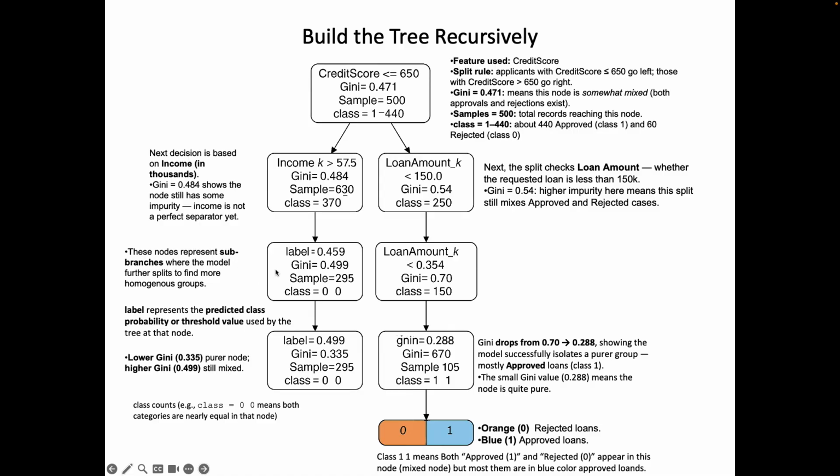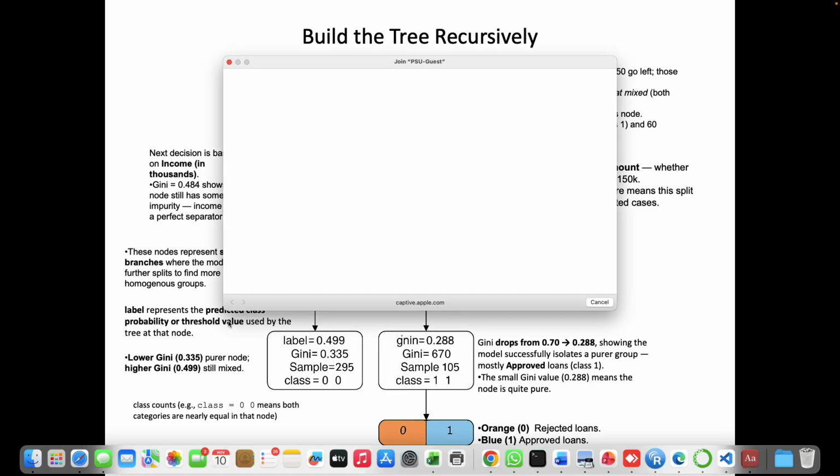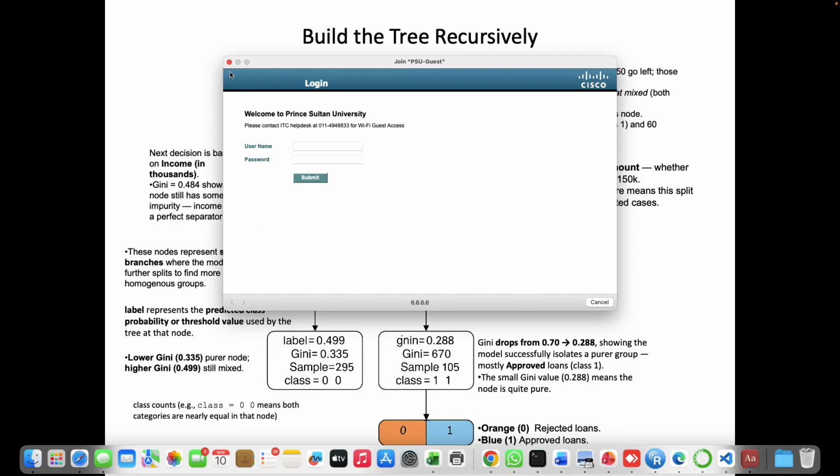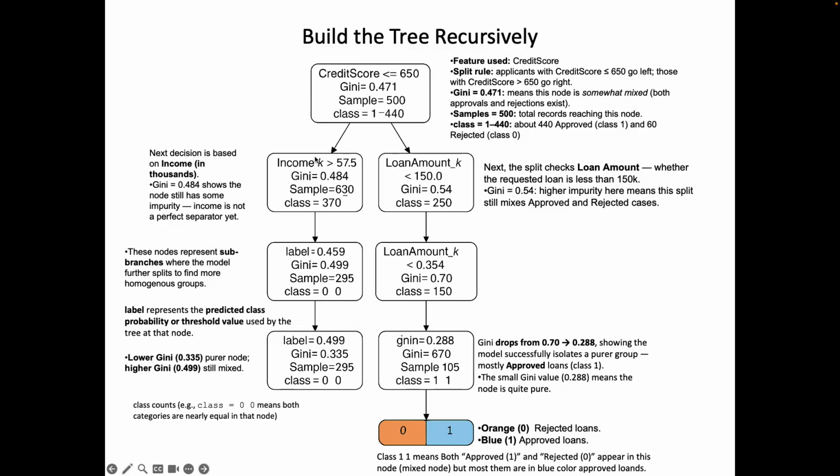If you go further down, this is another representation; you could pick any other one, to label your predicted class the same way we did on top, based on income and credit score. You get a 290 sample. 0, 0 means it's still mixed data, and the majority is rejected.